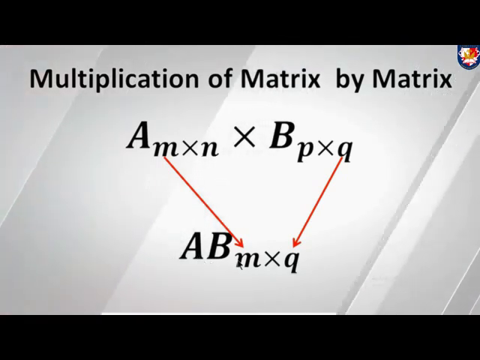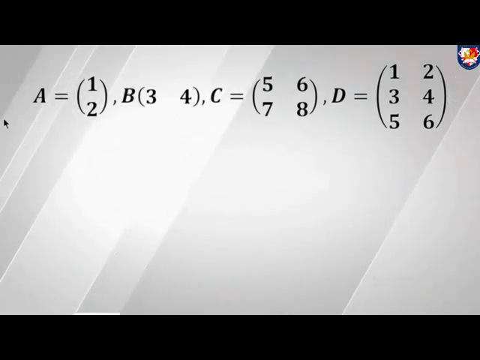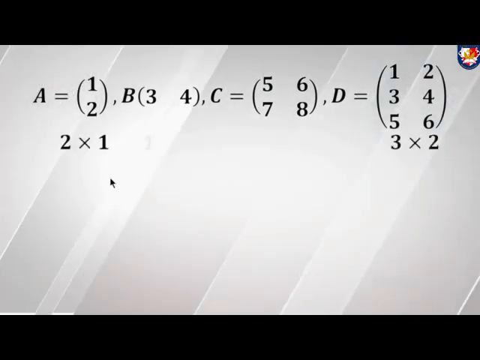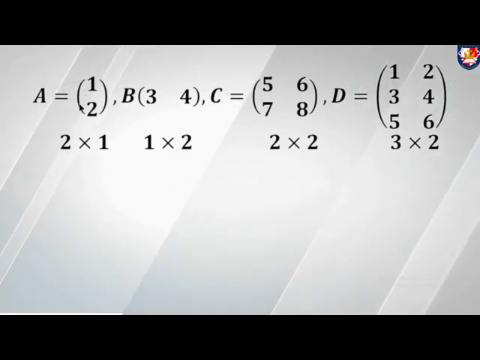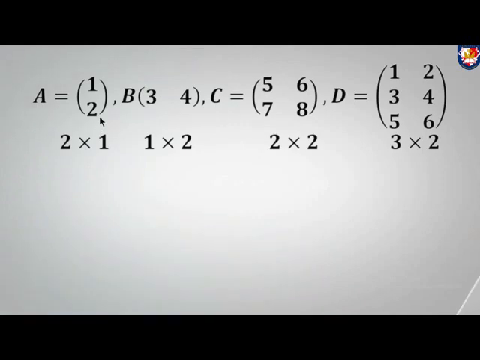So AB, the order is m by q. Let A, B, C, D be matrices. We know that the order of A is 2 by 1 because in matrix A there are 2 rows and 1 column. In matrix B the order is 1 by 2, 1 row, 2 columns.